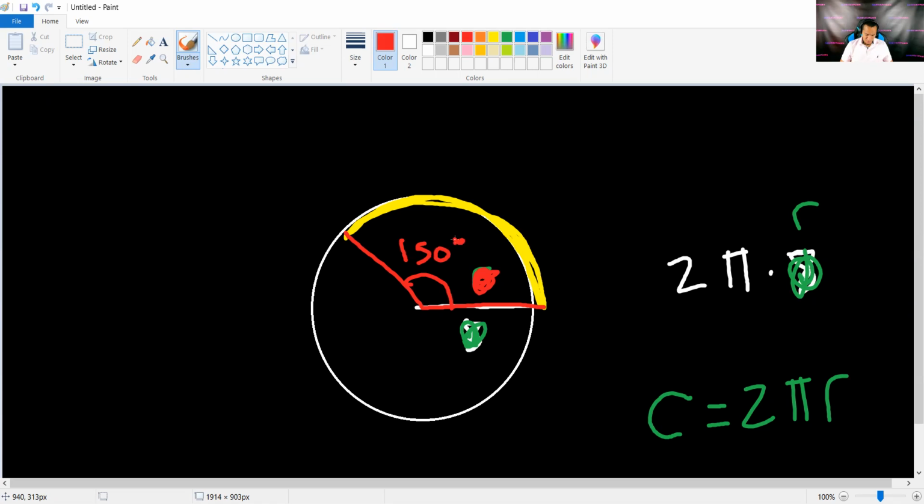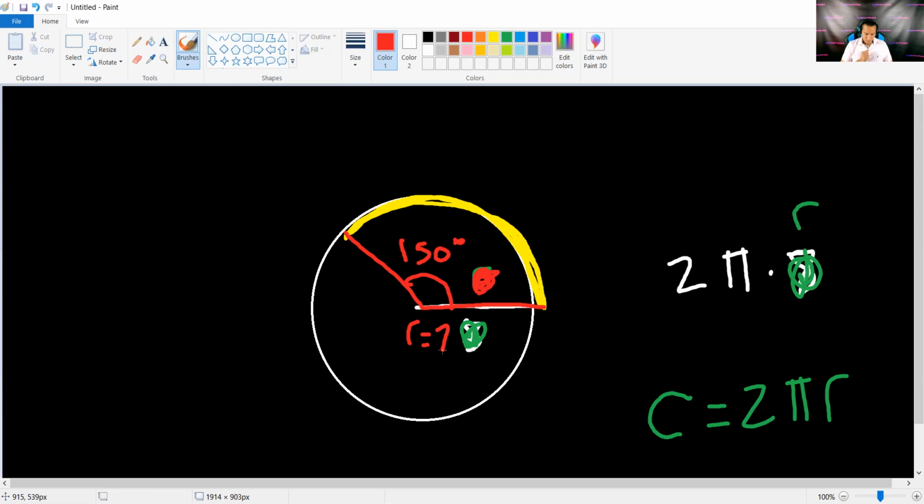How long is this arc, the one in yellow, if the radius is 7? So try to figure it out for yourself. I'll ask you to pause the video, and then I'll let you know when you shouldn't pause. So hopefully you paused the video so you can unpause now, and I can tell you what the answer is.